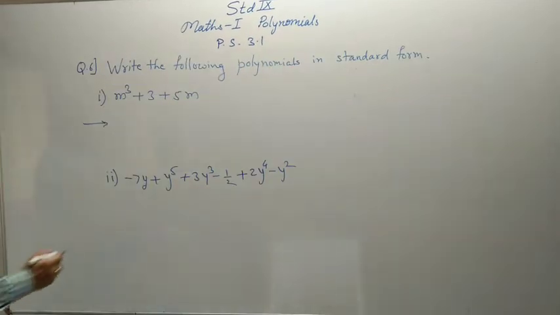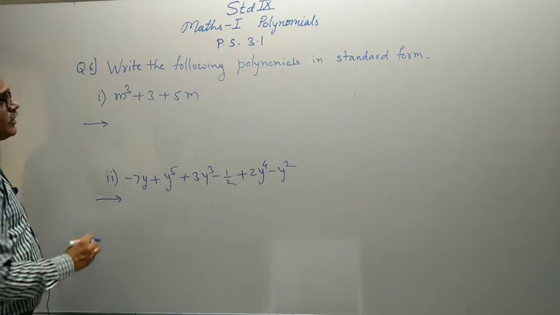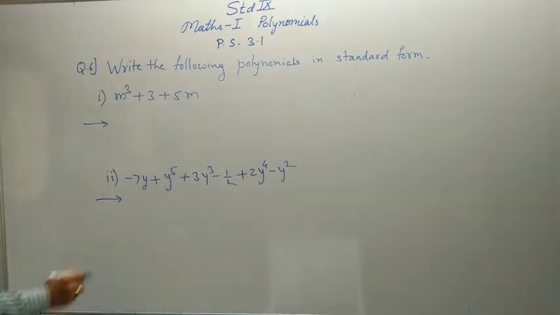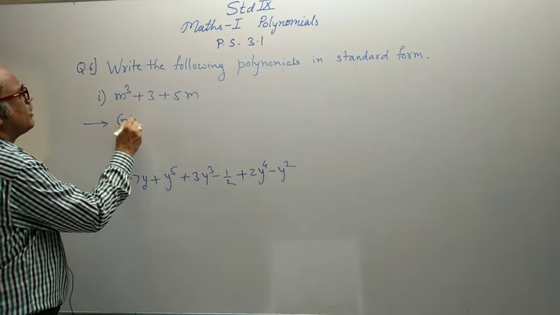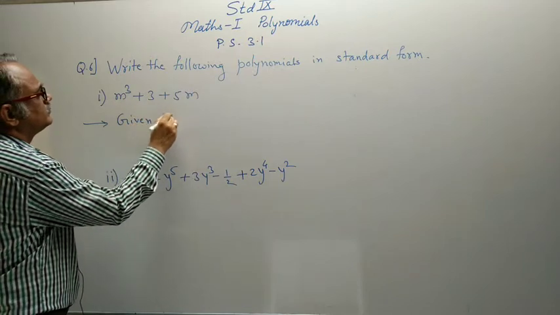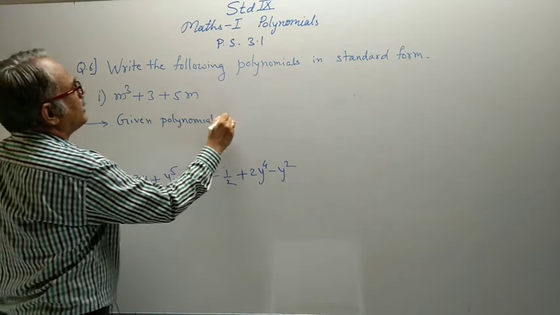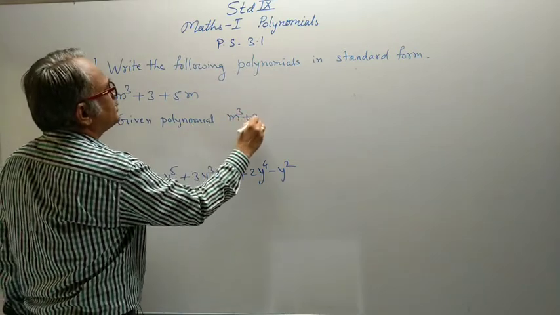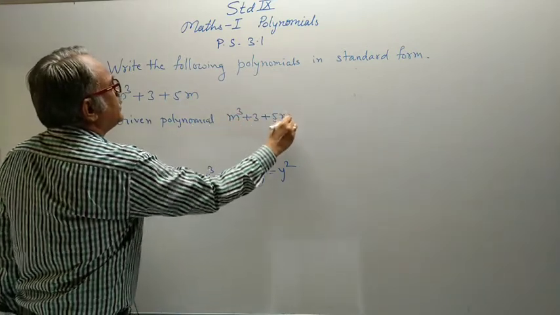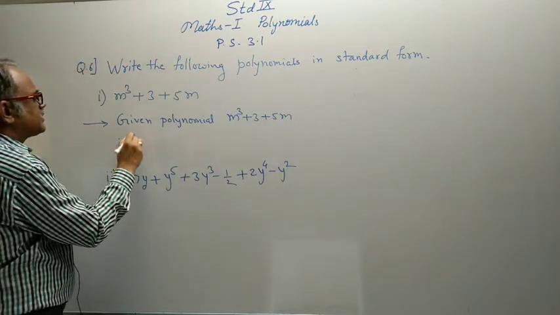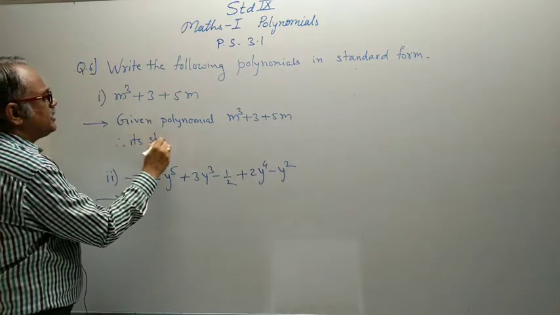Now one of the easy questions, write the following polynomial in standard form. First I will write the given polynomial as it is. In the answer it is expected to write first m cube plus 3 plus 5m. Therefore its standard form is.